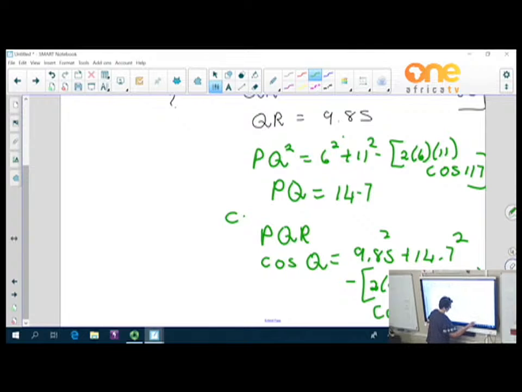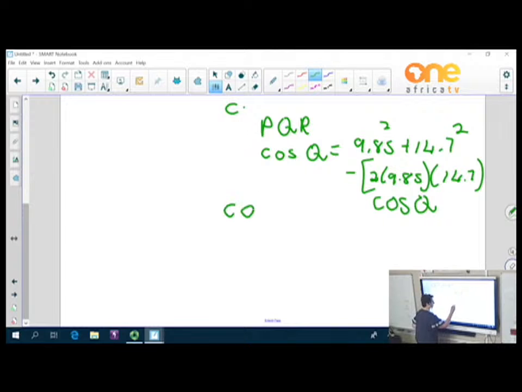cosine Q. But we want to find the angle, so we'll have to subtract it. And we'll actually have to use the other formula. So cosine Q is then equal to 9.85 squared plus 14.7 squared.